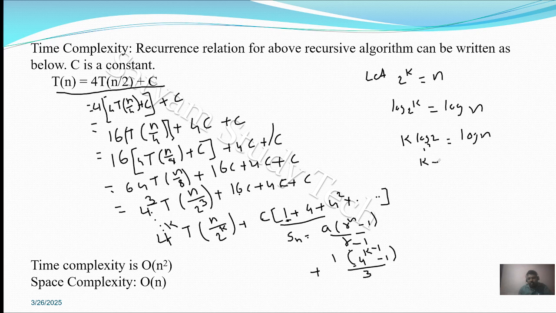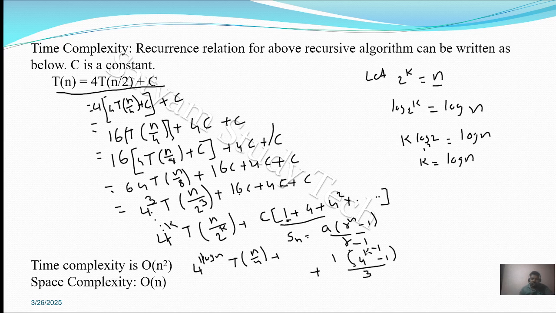Now k equals log n. So the k value is log n. So 4 power k, with k as log n here. Then n by 2 power k, 2 power k is n, so T(n by n).